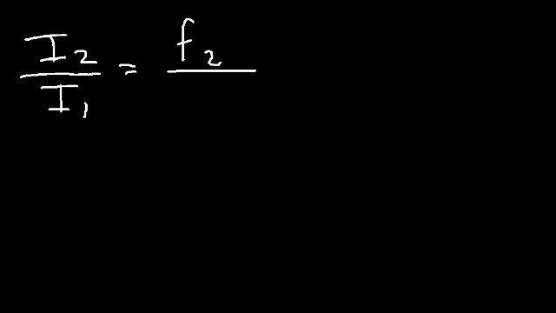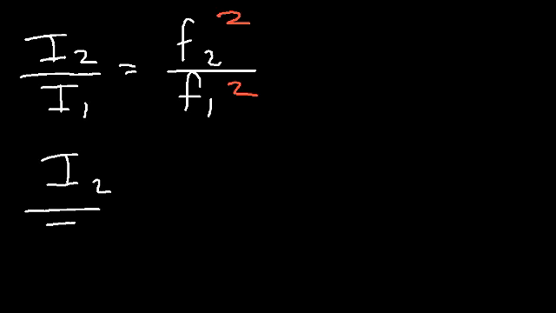So we can come up with this equation. The ratio of the intensities is equal to the square of the ratios of the frequencies. So it's equal to f2 squared over f1 squared. Likewise, the same is true for the amplitude. The ratio of the intensities is equal to the square of the ratio of the amplitudes.